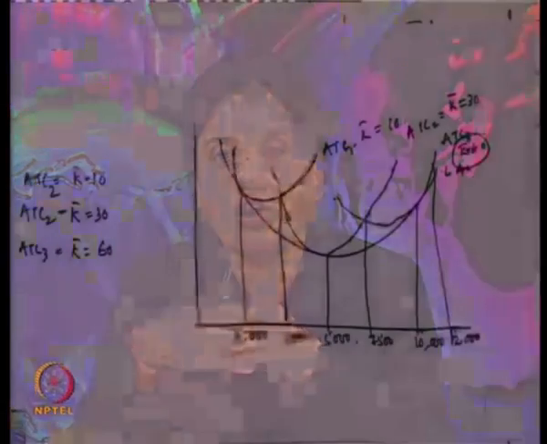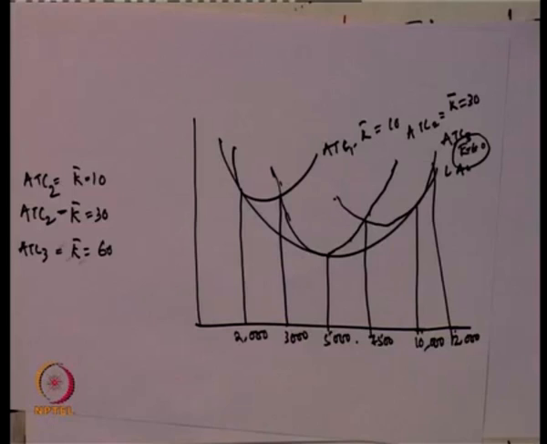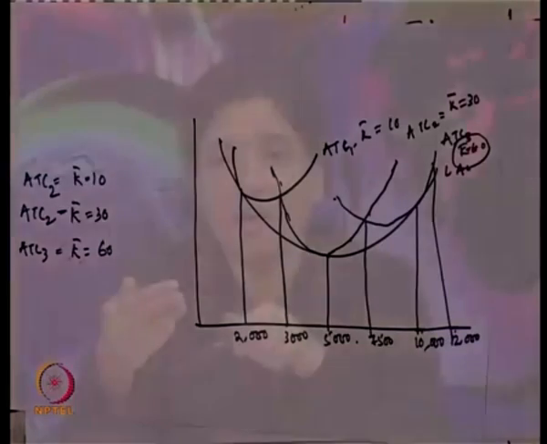But if there is still scope to increase the output, or they still prefer to increase the scale of production, they will always pick up a short term cost curve with a higher capital input requirement, because that still leaves scope to further increase the output: with the same level of capital, just by changing the variable cost, they can still increase the output level. So, this is how the short run and long run average cost curves are related.